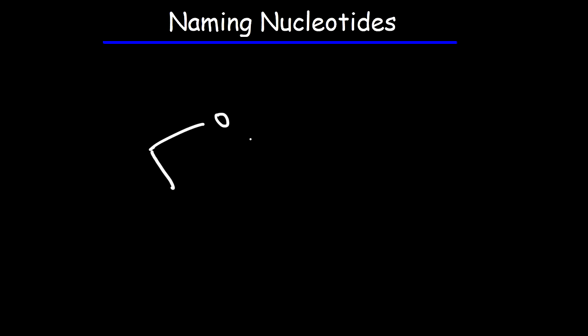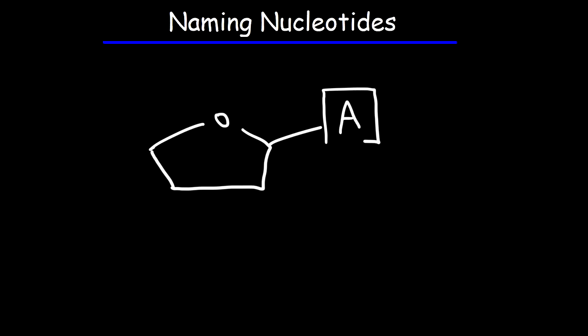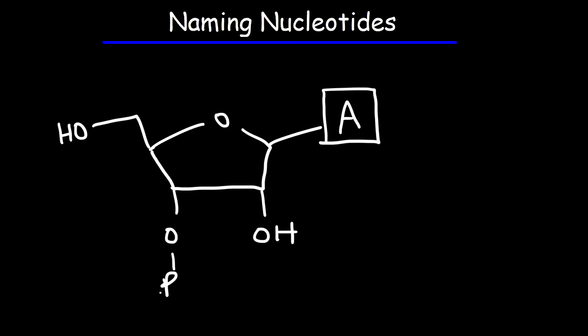Now let's try another example. So this time, the nitrogenous base that we're going to use is adenine. And the phosphate group is going to be placed in a different position. So you can also see phosphate represented this way. So how can we name this particular nucleotide?